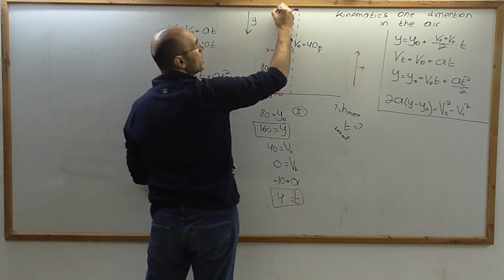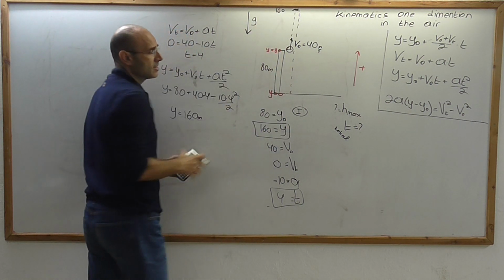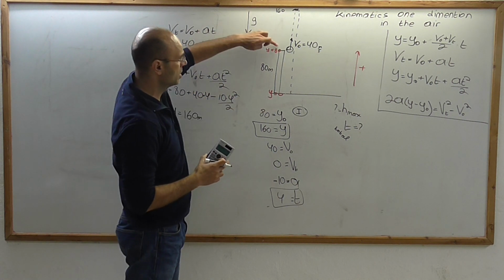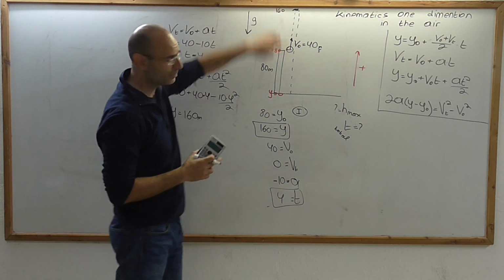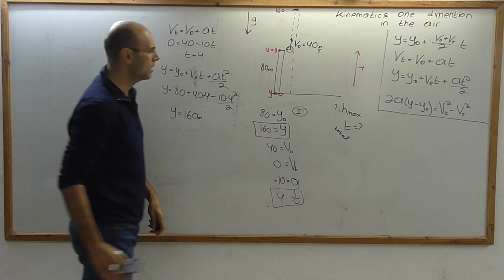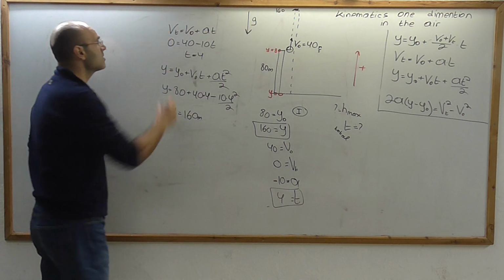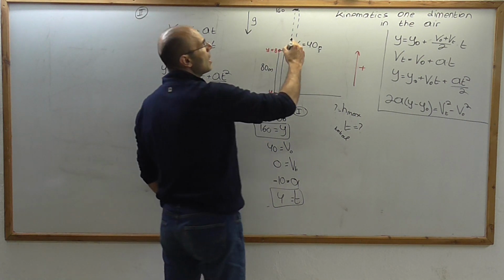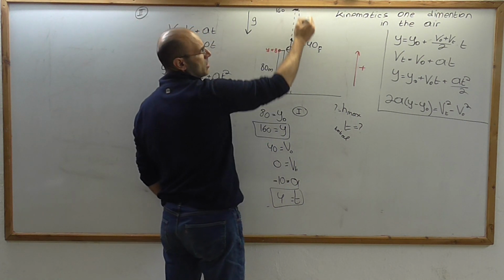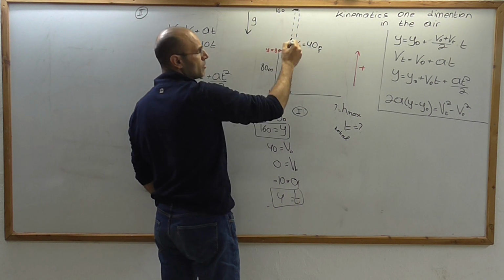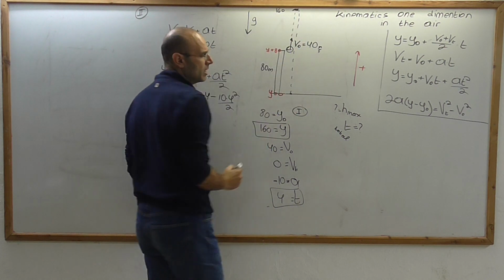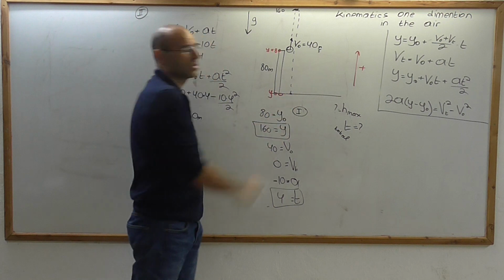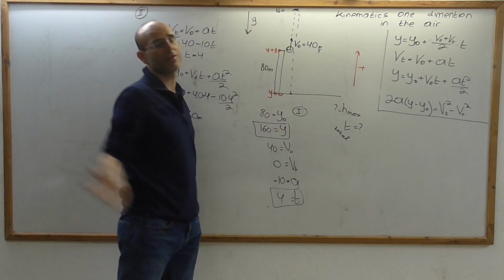So now I know it will reach the height of 160 from the ground, so it will rise 80 meters in this way. Okay, now let's do the second thing they want us to know. I want to know how long it will take the whole way from here to the ground. And I want even to know what the velocity is here. And I want to draw a graph afterwards.